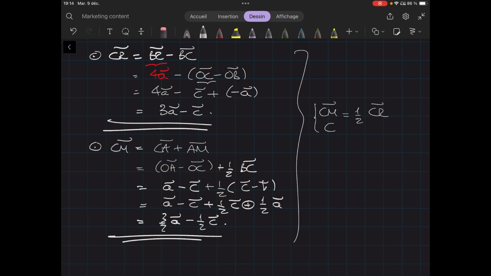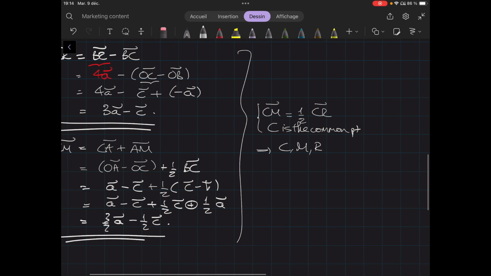Furthermore, C is the common point of the two vectors. Therefore, C, M, and R are collinear.